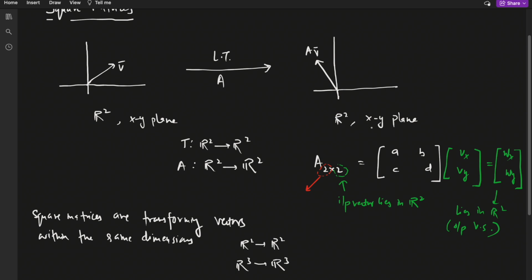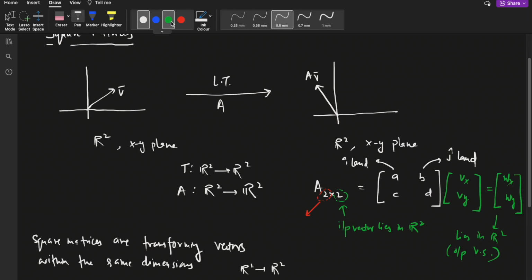And as I already told you, this AC is where I hat lands, and this is where J hat lands after the transformation. Before the transformation, I hat and J hat were both in R2, the XY plane.